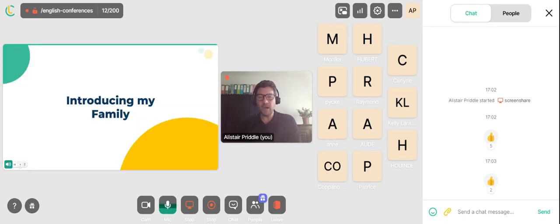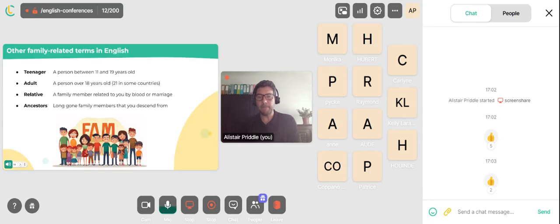Well, let's think now about introducing my family. So here we've got some other family-related terms in English. Let's read through this list. Teenager, a person between 11 and 19 years old.